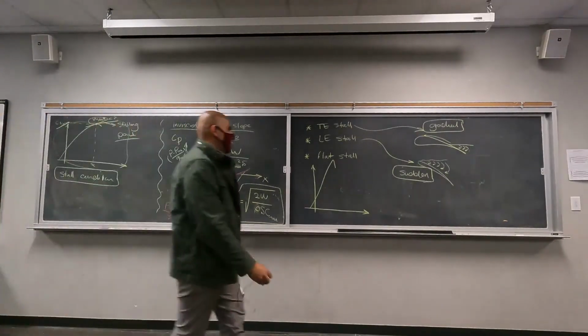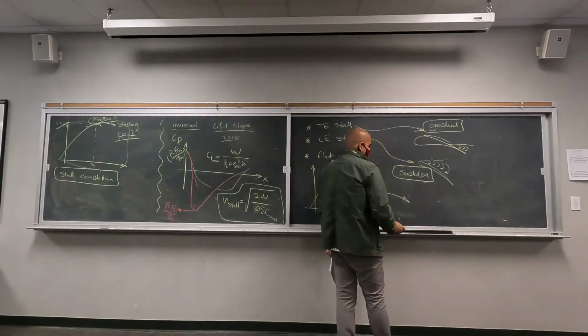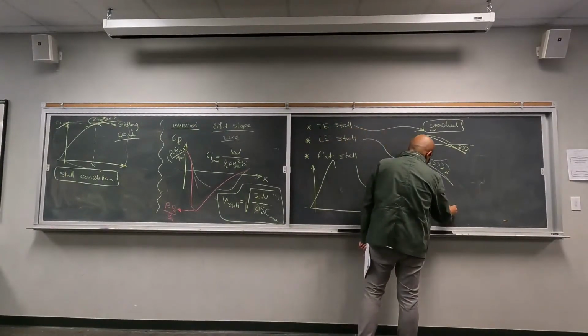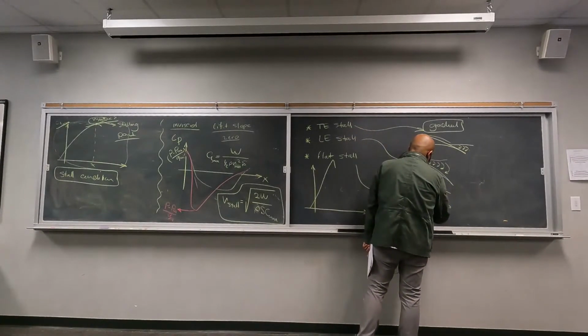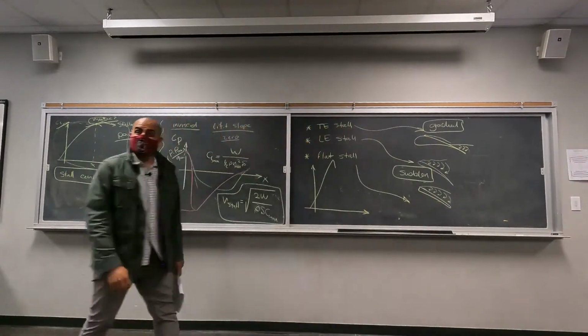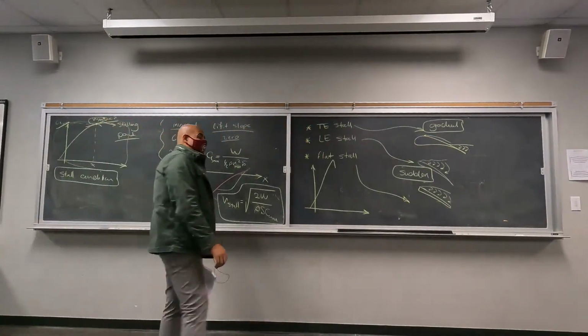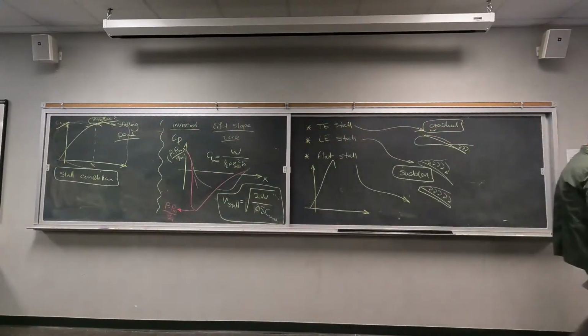Okay. What is a flat plate stall? Flat plate stall is a stall that happens on a flat plate, on very thin airfoils. It usually looks like the leading edge stall in general, but it stalls earlier compared to the leading edge stall. And also in general, flat plates will give you smaller lift coefficients.